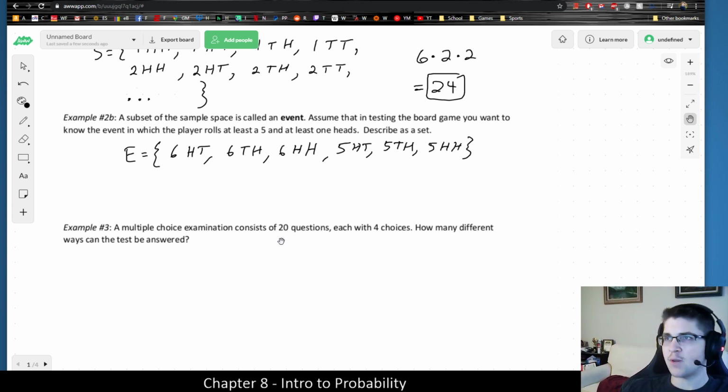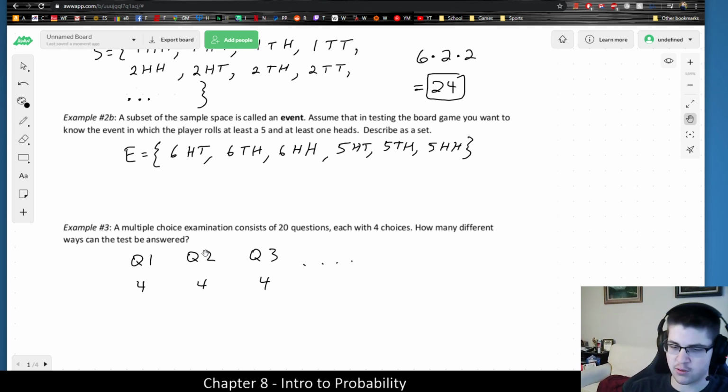And so basically, if we think about using the fundamental counting principle, well, if I'm thinking about question 1, there are 4 choices. And then I could think about question 2, well, there's also 4 multiple choice options. And question 3, there's going to be 4 choices, and so on, right? There's always going to be 4 choices up until question 20, which also has 4 choices.